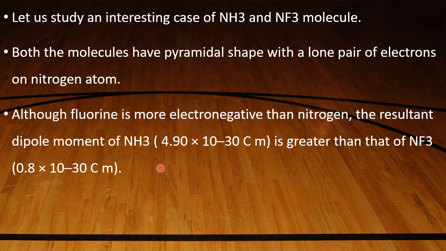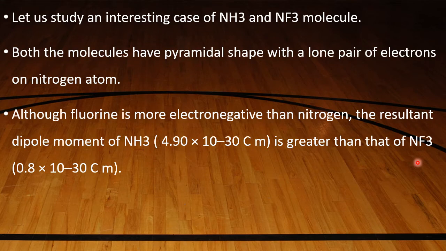Why is the question here? In both cases, on the nitrogen a lone pair of electrons is there. And one more point is that in NF3, the most electronegative fluorine is there. So we expect NF3 should have had the larger dipole moment. But in reality, when measured, it is ammonia that has the larger dipole moment than NF3.